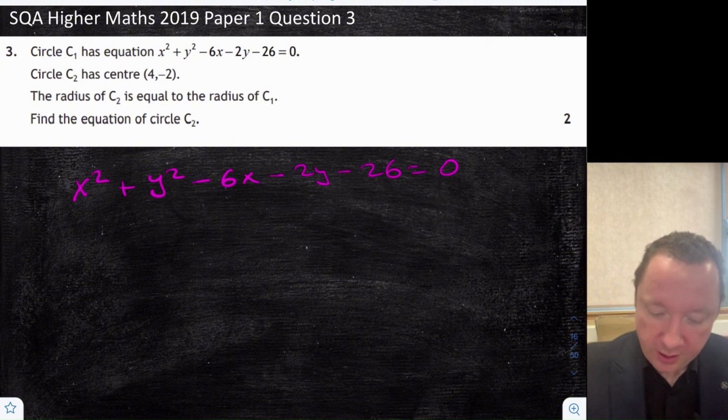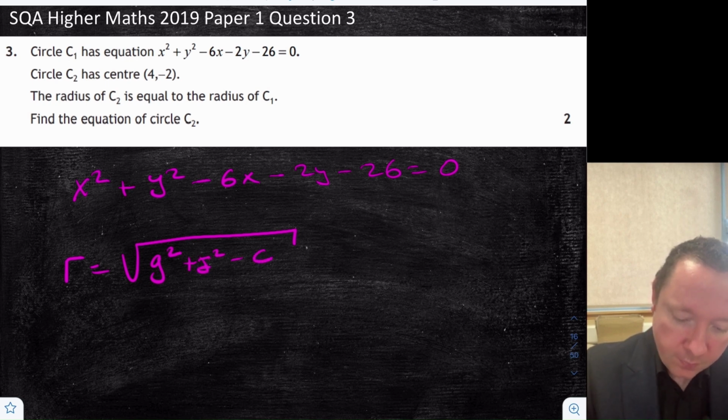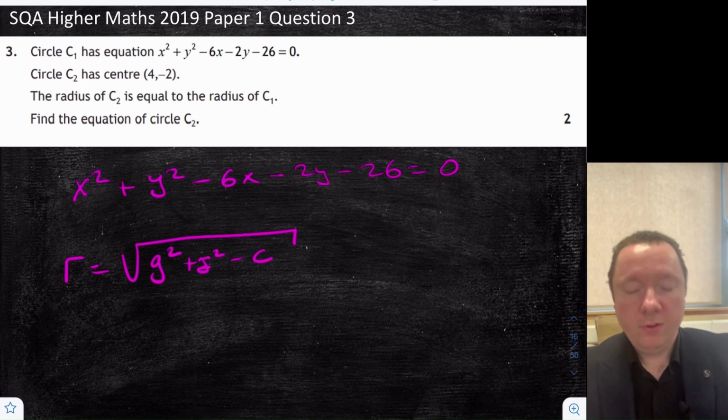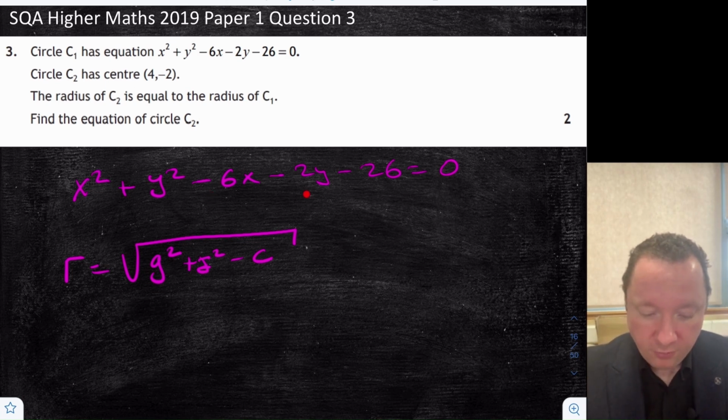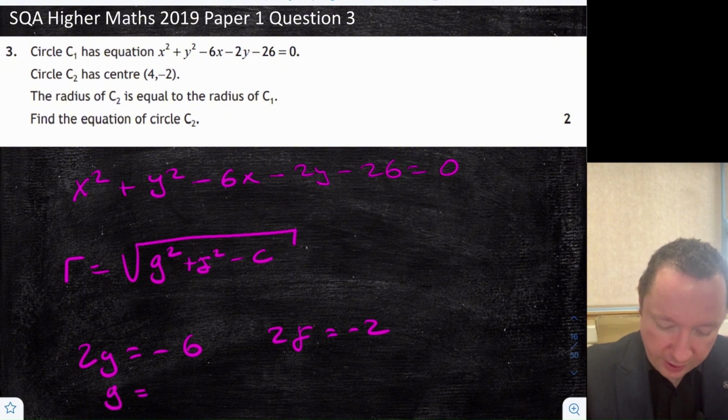The radius is quoted as equalling the square root of g squared plus f squared minus c. And your g and your f, well, this is called 2g and 2f. So 2g is minus 6 and 2f is minus 2. So my g is minus 3 and my f is minus 1.